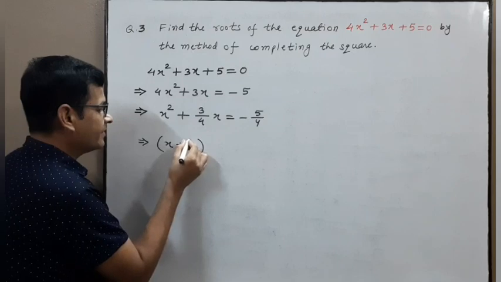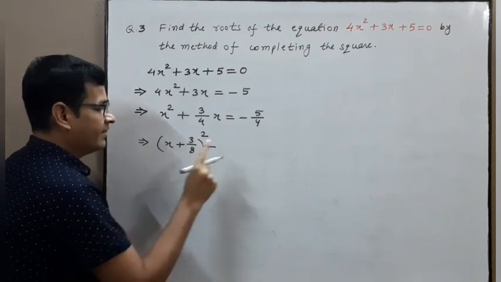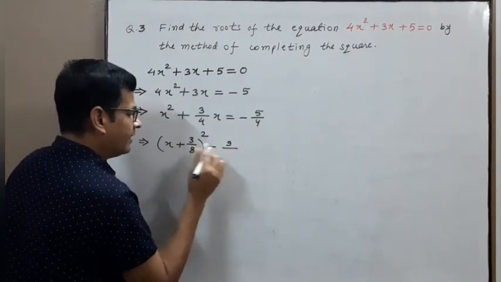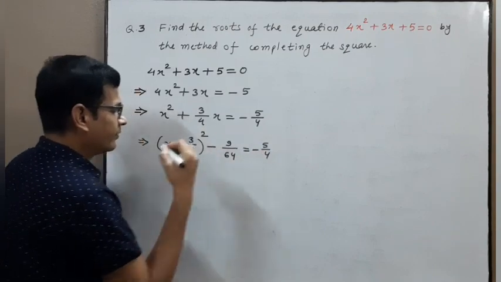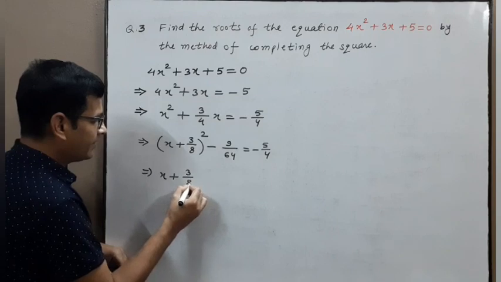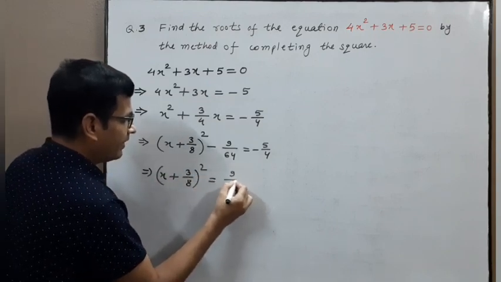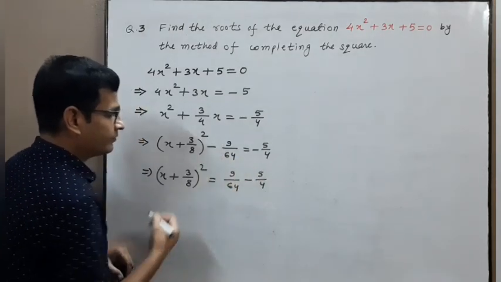So half of this is 3 by 8 whole square, minus, here always write the square of that number, 3 square is 9 and 8 square is 64, equal to minus 5 by 4. x plus 3 by 8 whole square is equal to 9 by 64 minus 5 by 4.